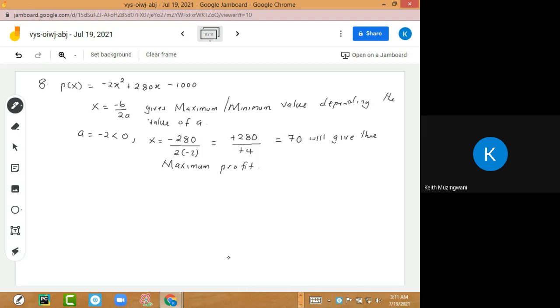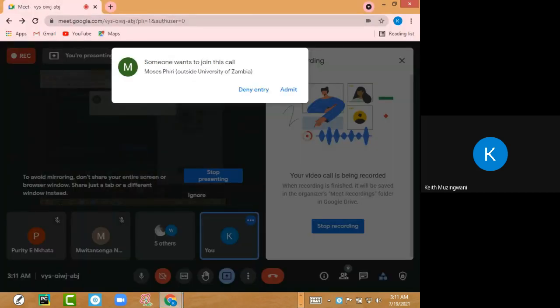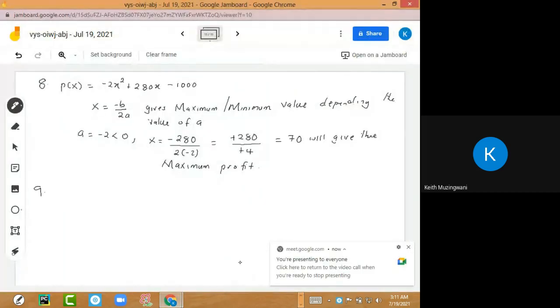That was 8. 9 is similar. The height of a projectile fired vertically into the air, neglecting air resistance, at an initial velocity of 96 feet per second is a function of time x and is given by the equation f of x.